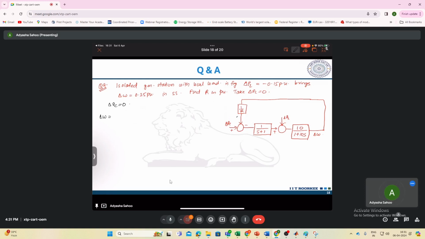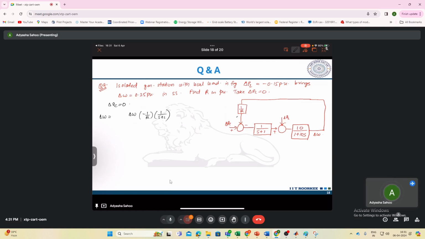So delta omega into minus 1 by R, and PC is 0 here, so here again it will be multiplied by 1 by S plus 1.